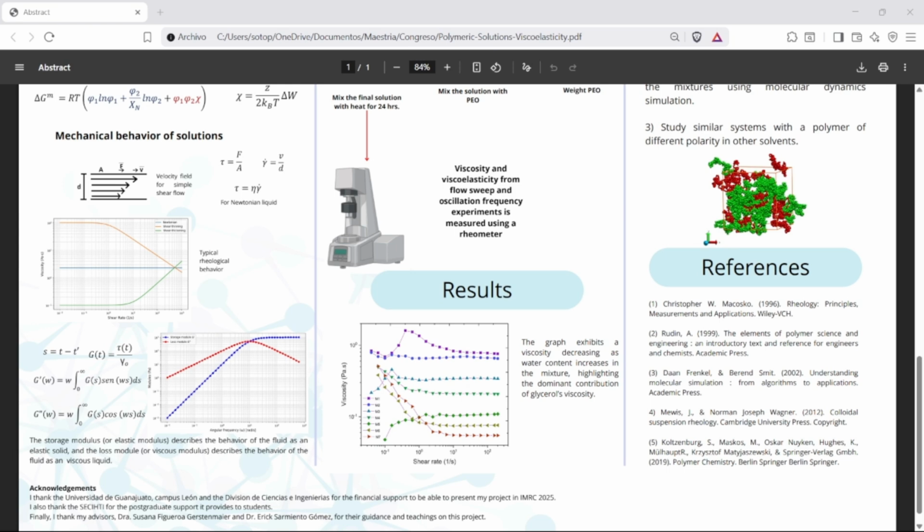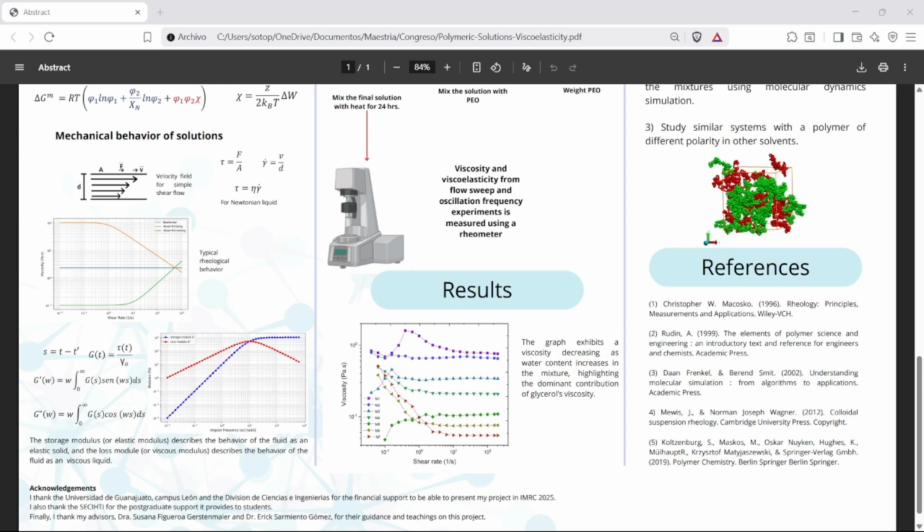Another aspect is the viscoelastic behavior, characterized by moduli. The storage modulus indicates elastic behavior, representing energy stored during the deformation. This means the fluid has a solid-like elastic behavior.